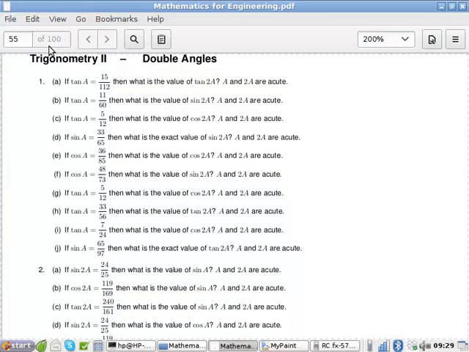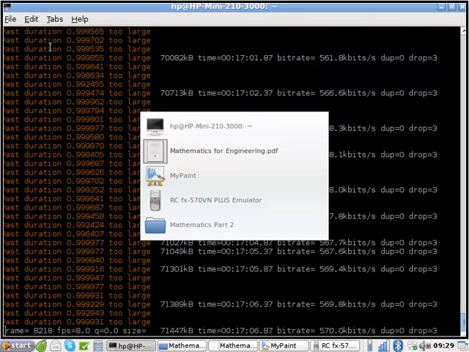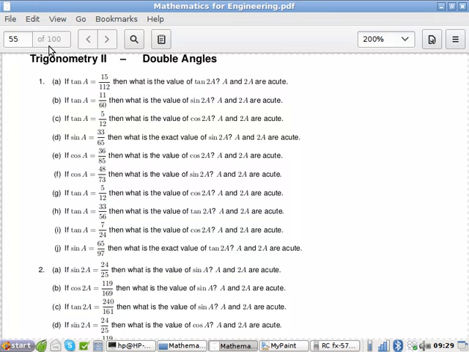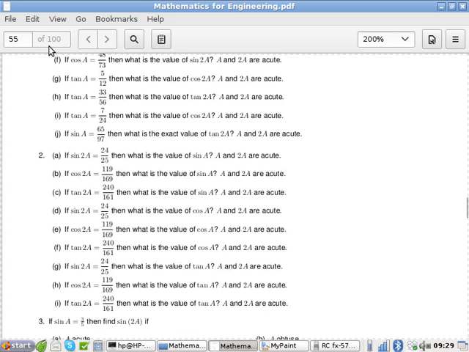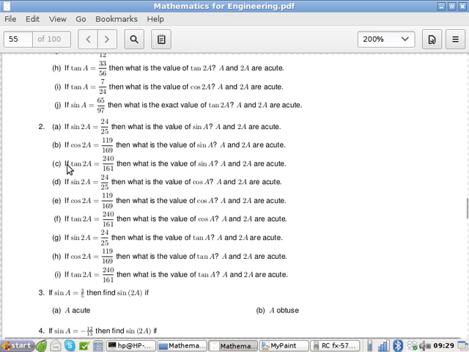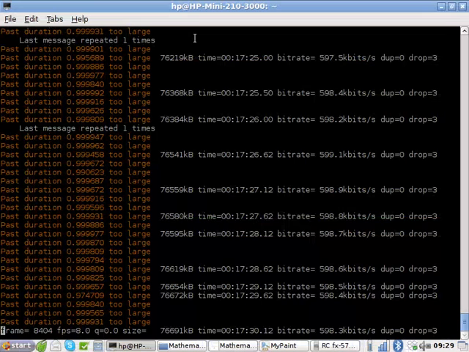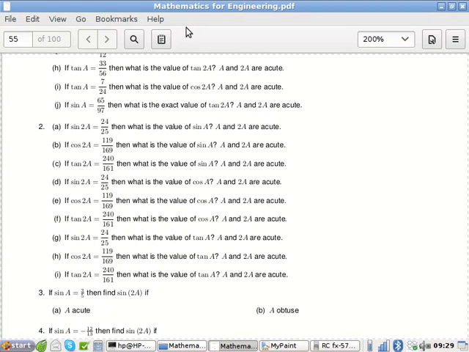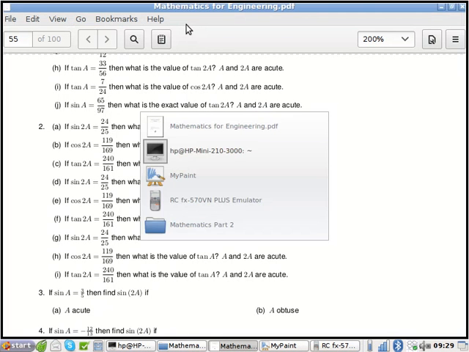Let's have a look at another example now. So that's kind of easy going from the A to the 2A. It's a little bit harder going backwards. So let's see here. Tan 2A equals 240 over 161.